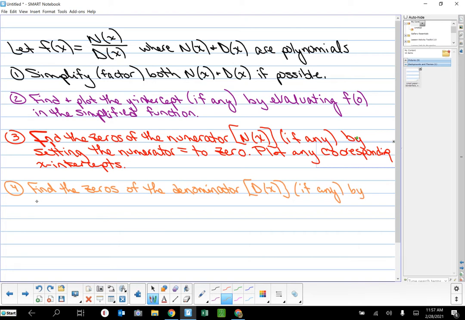By setting the denominator equal to 0. Sketch the corresponding vertical asymptotes.